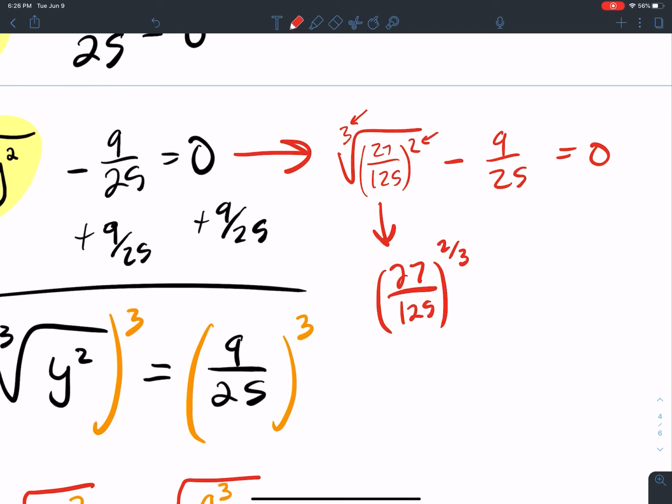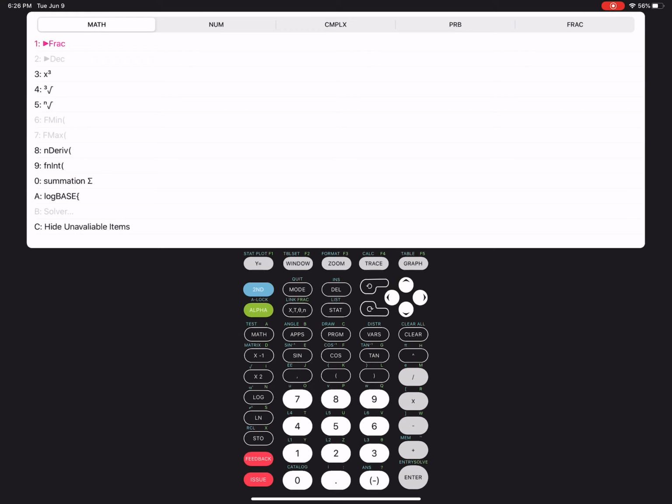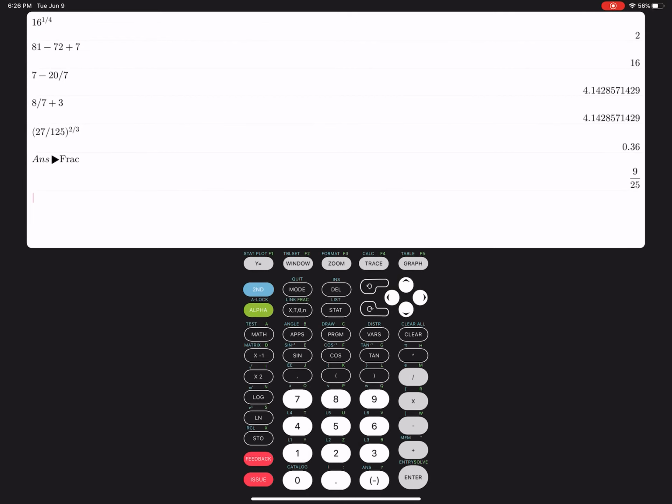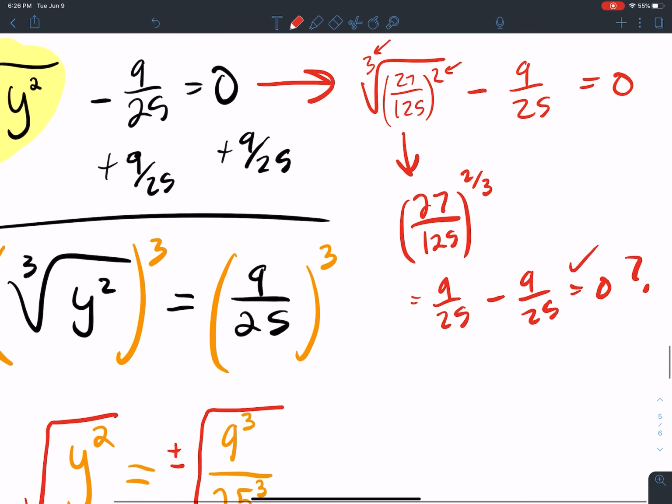Let's type that on our calculator. Parentheses, 27 divided by 125, close parentheses, raise it to the 2 divided by 3. Enter, I get 0.36. Now if I do math frac, I get 9 over 25. So 9 over 25 minus 9 over 25, does that equal 0? I think so. So that one works.